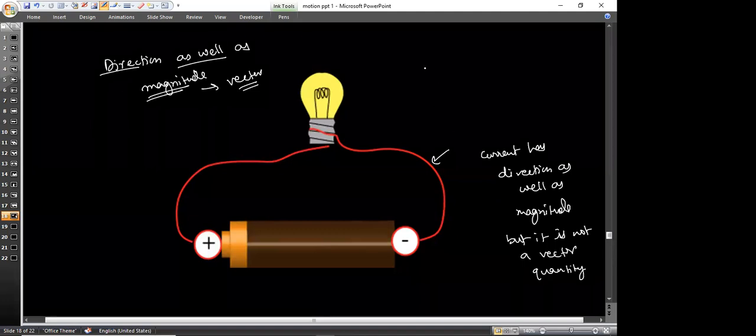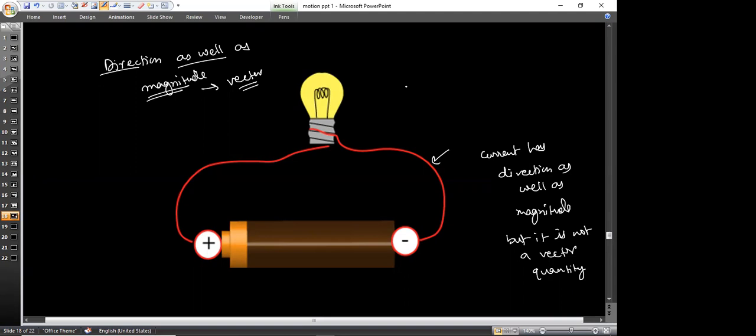Current is simply the rate of flow of charge, or how much charge per second is flowing in a conductor. The specified direction of current is from the positive terminal to the negative terminal.